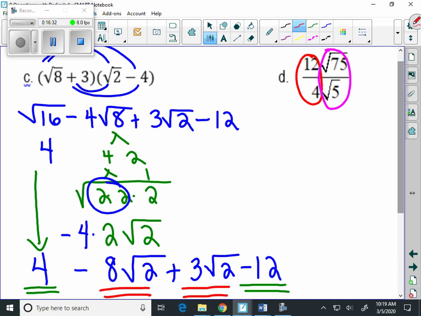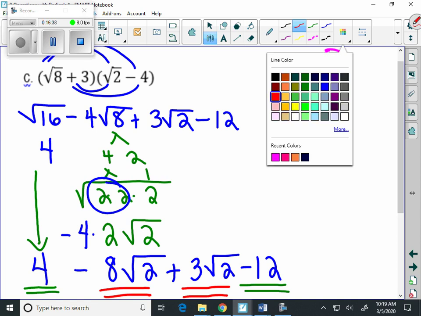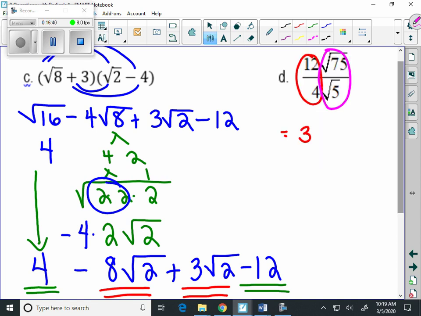So when we divide, 12 divided by 4, we get 3. When we divide, the square root of 75 divided by 5, we get the square root of 15. Again, that is the answer, but you do want to check. 15 is 3 times 5. We do not have 2 of the same value to take out 1. So 3 square root of 15 is our answer.